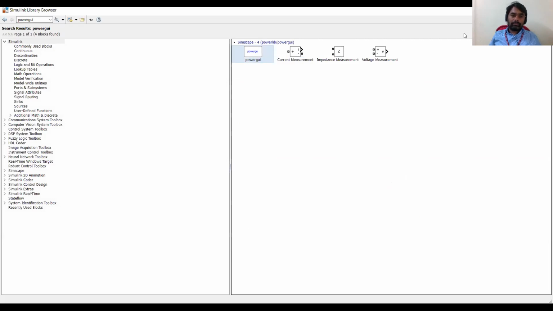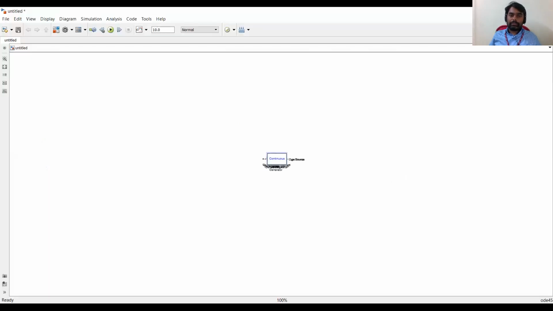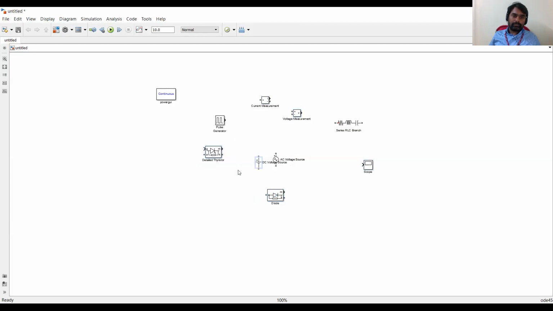These are the elements, those things you can see in the untitled page where I have added everything, right? Now I'm going to build a circuit. This circuit consists of 2 diodes and 2 thyristors.